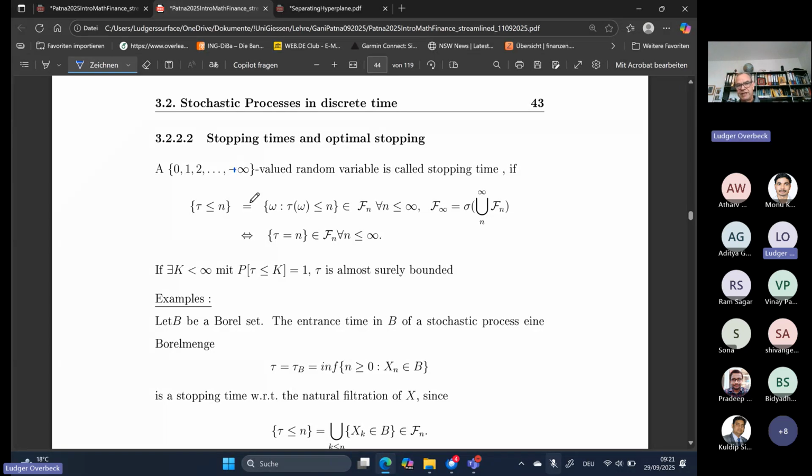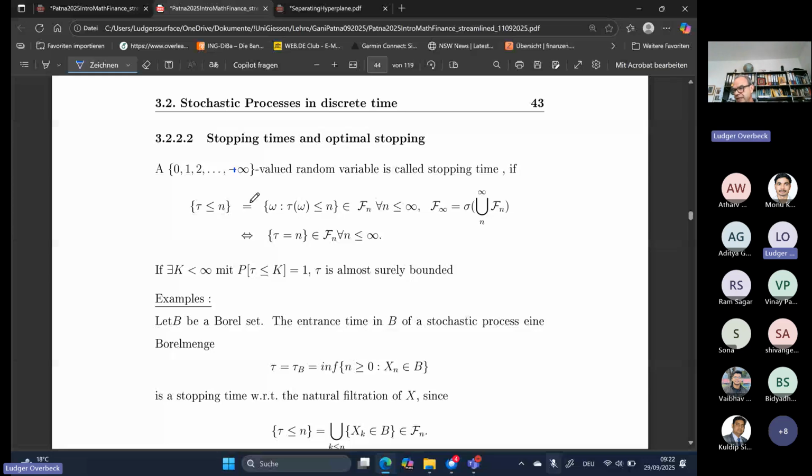The event whether you stop at time n is in the filtration F_n. A bounded stopping time is one where there is some large number k such that the probability that it stops before this large number k is 1. And it's a bounded one.